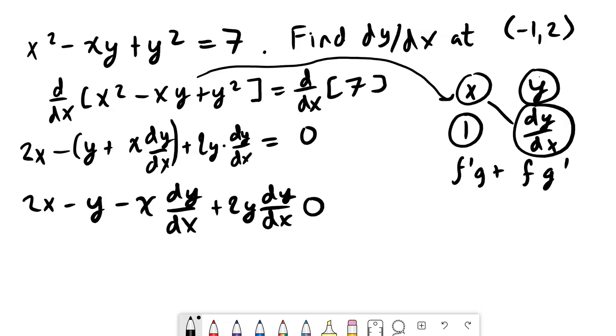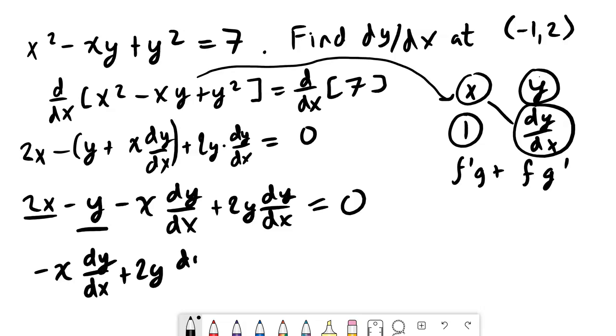Oops, not equal to 0. There we go. So let's see. We want to get any term without dy/dx on the other side of the equation, meaning this one and this one. So then if I move it to the right side, I get y minus 2x, keeping this the same.